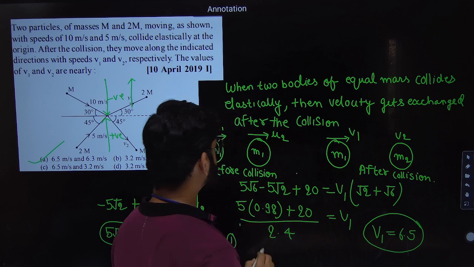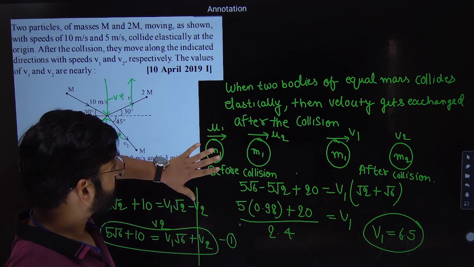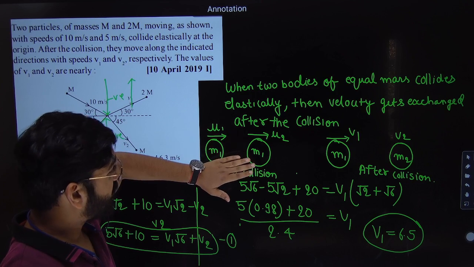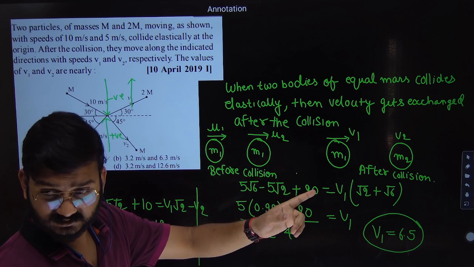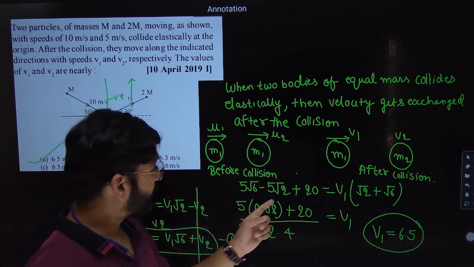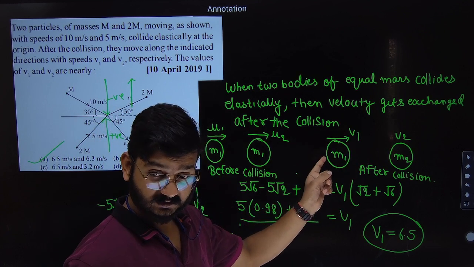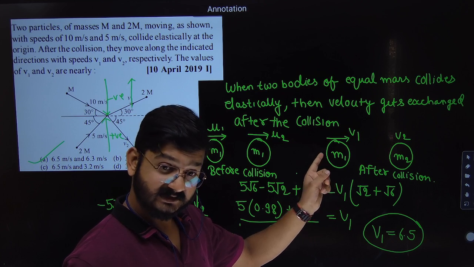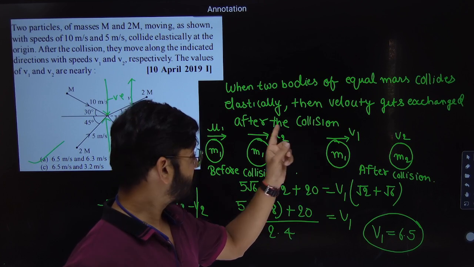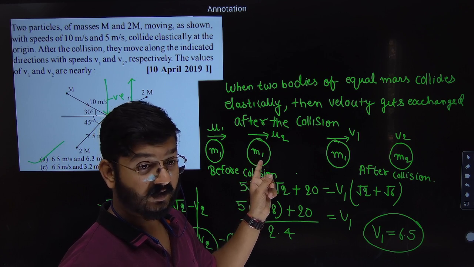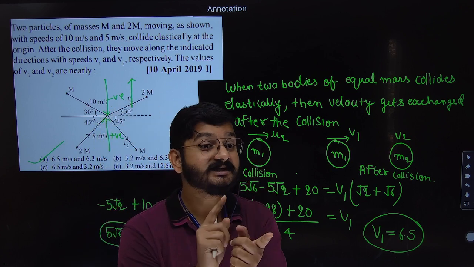So if you read the statement, that equal mass elastic collision, velocity gets exchanged, what are they telling? The final velocity of the first object will be the same as the initial velocity of the second object. Velocity of the objects gets exchanged.